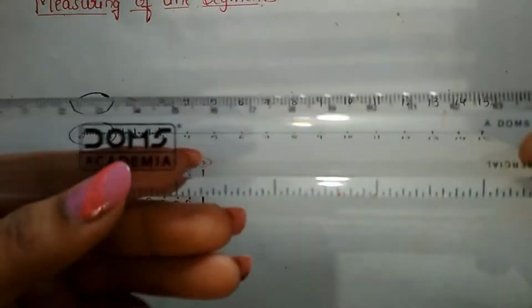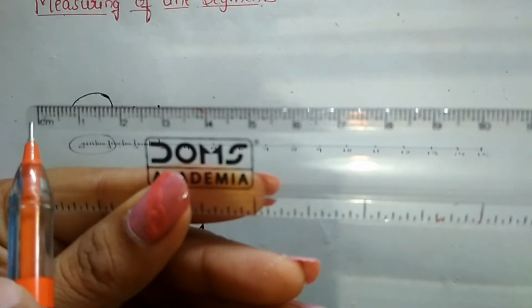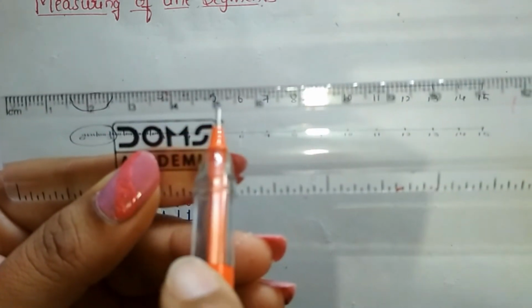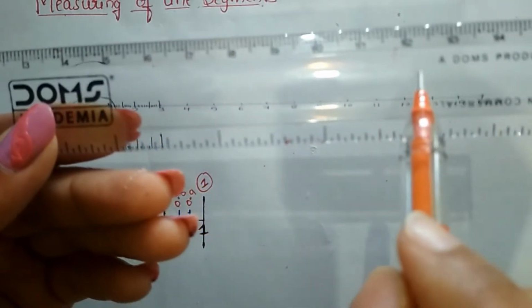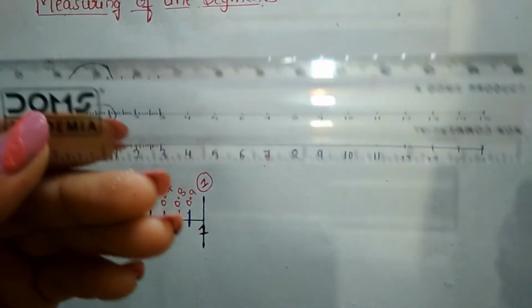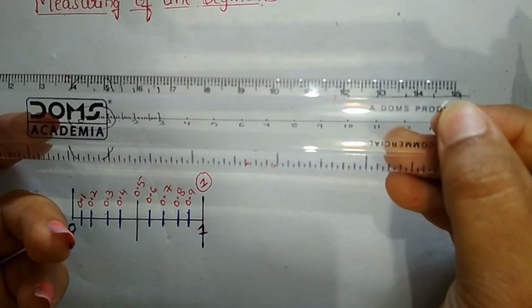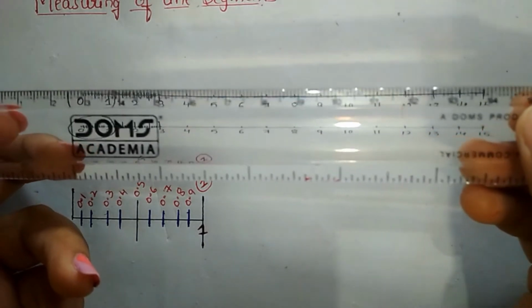Here you can see some markings on this scale: 0, 1, 2, 3, 4, 5, 6, 8, 9, 10, 11, 12, 13, 14, 15, and so on. If it is a small scale, we have 15 markings. Other scales will have different markings, depending on the length of the scale.